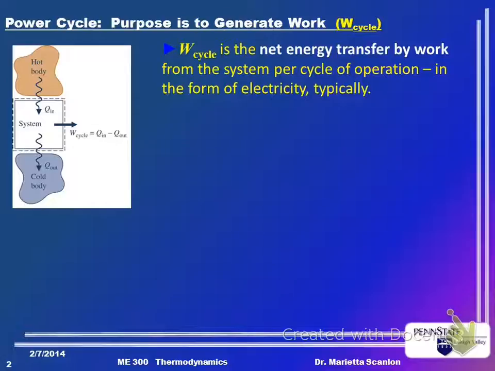So a power plant that uses combustion to generate electricity is an example of a power cycle. What do you know, perhaps, about power plants? What are they usually situated near? Water. Why?